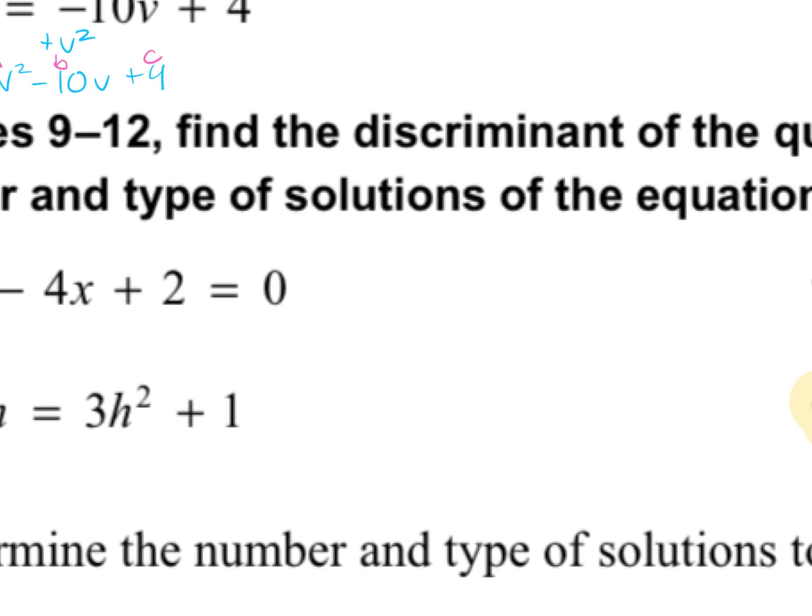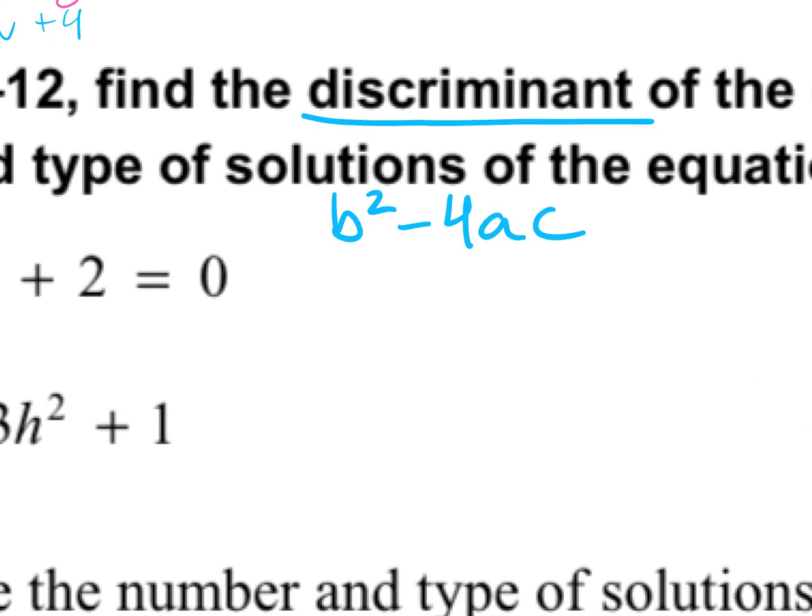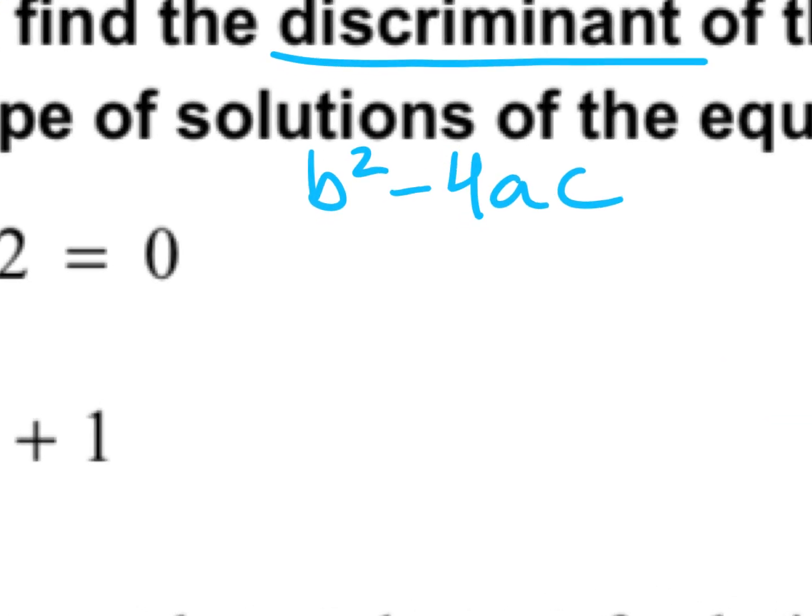For the discriminant questions, our formula for discriminant is b squared minus 4ac. And a few important things that we need to know about our discriminant. If our discriminant is positive, that tells us that we have 2 real solutions.